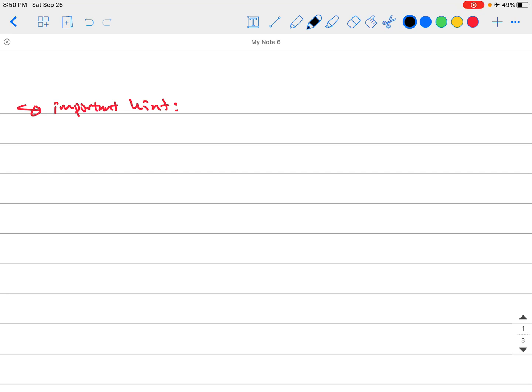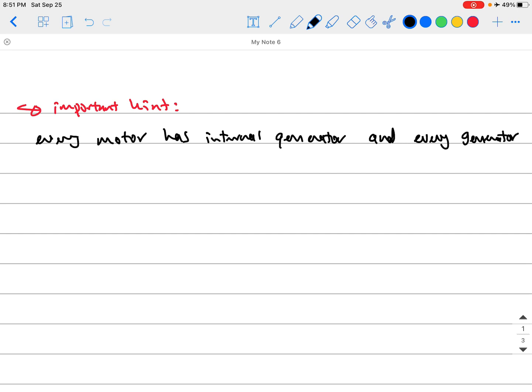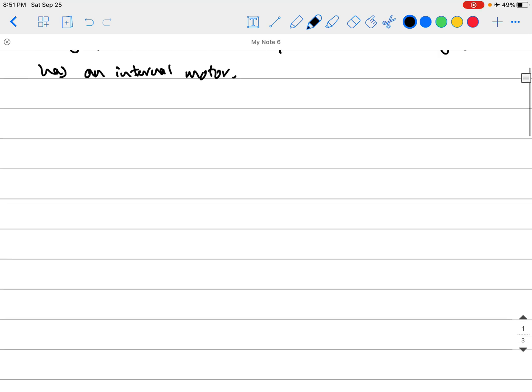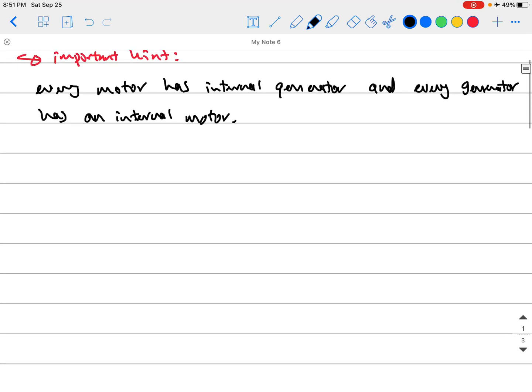I'm saying this for you to know: every motor has an internal generator, and every generator has an internal motor. What I mean by this, let's have a talk about this for a little bit, okay?